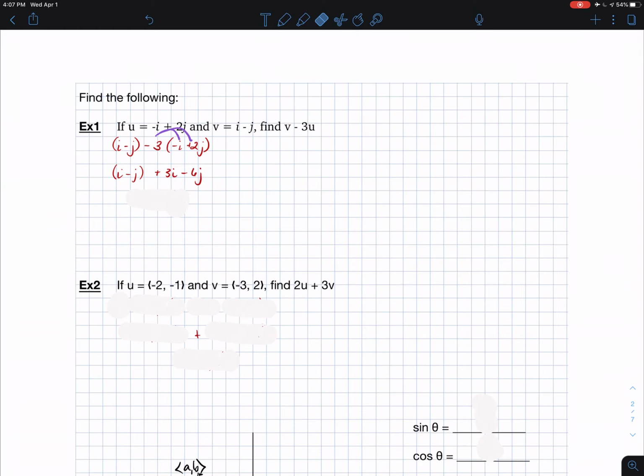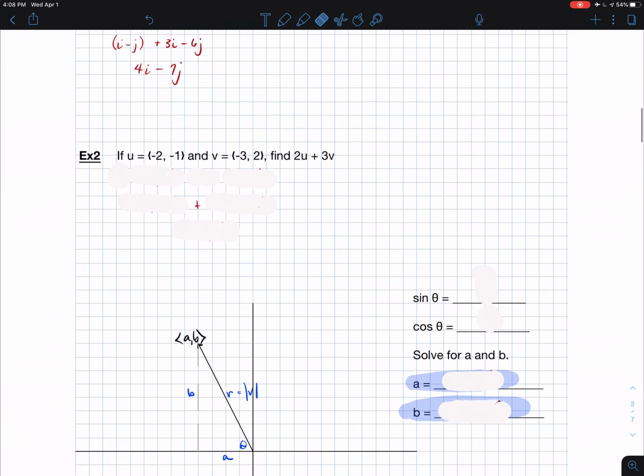And so you have a negative 3 times a negative i is your plus 3i, and a negative 3 times a positive 2j is your negative 6j. At this point, I can combine my like terms. If I combine my i's, combine my j's, I'm going to get the new position vector 4i minus 7j.